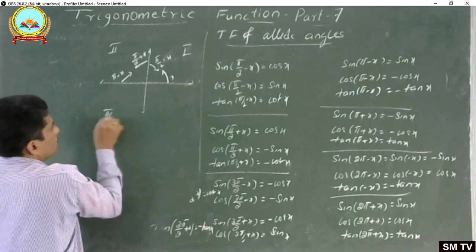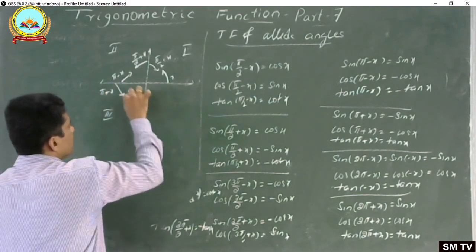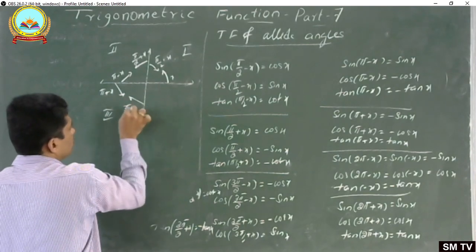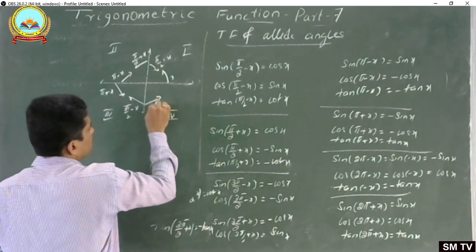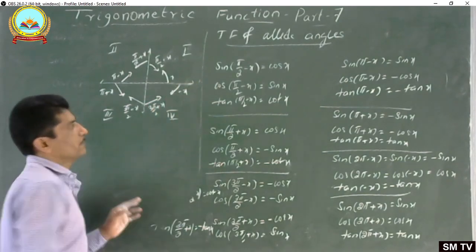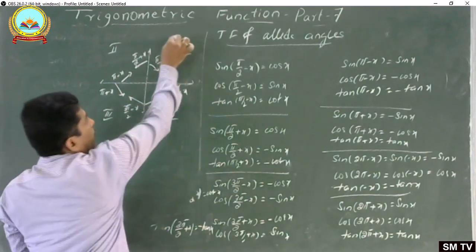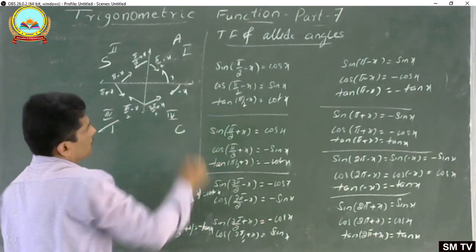The third quadrant means pi plus x and 3 pi by 2 minus x. And the fourth quadrant means greater than 3 pi by 2 and less than 2 pi, simply 2 pi minus x. You know that all positive, here sine positive, here tan positive, here cos positive.